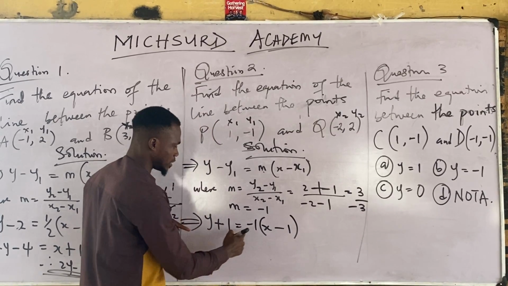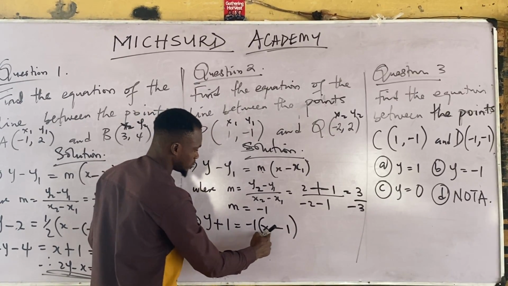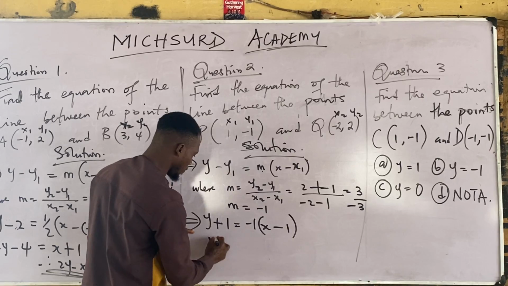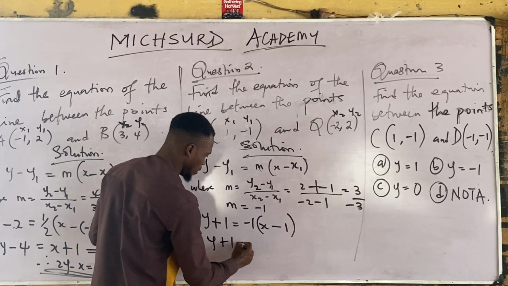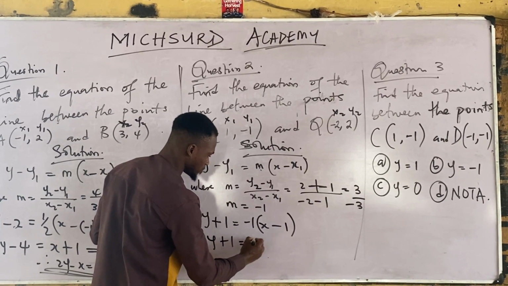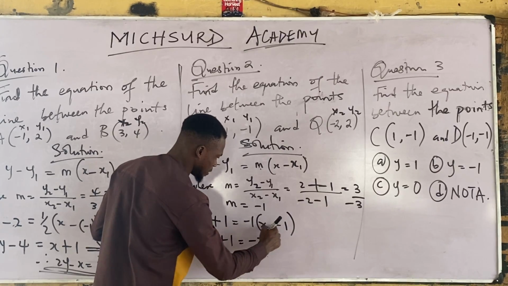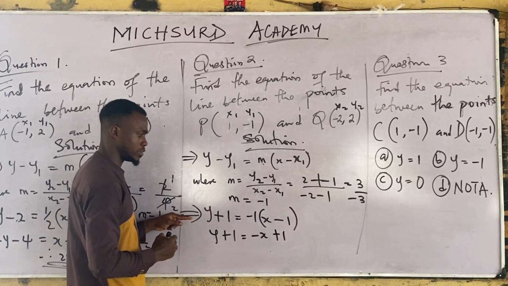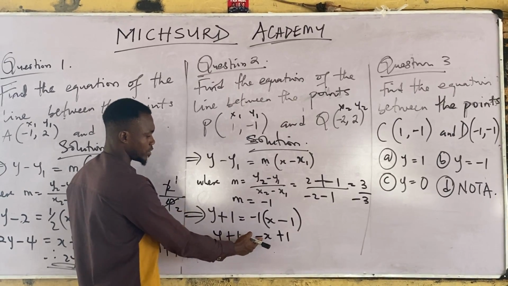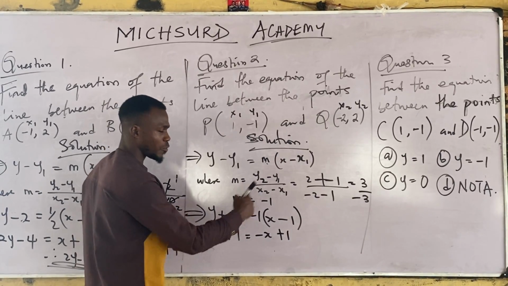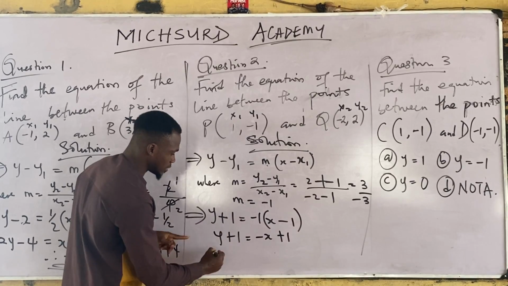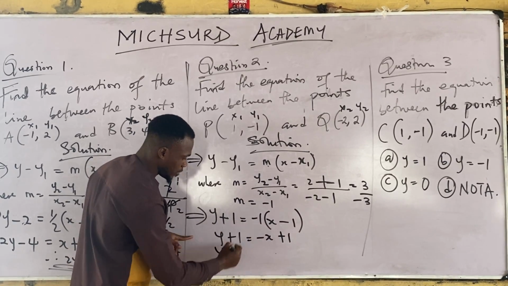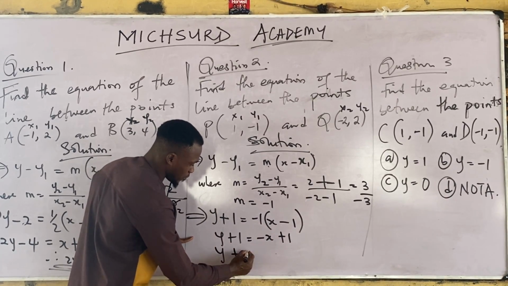So here you can see clearly that minus 1 can multiply through, so that you have y plus 1 equal to minus x, then minus will affect minus, become plus 1. So we can move minus x over to this place, move 1 over to this place. So you can see that y, then x has come over, becomes plus x.